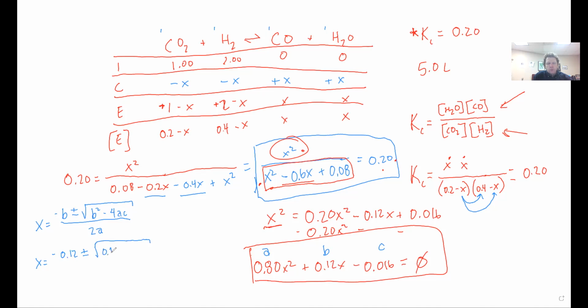So that's 0.12 squared minus 4 times a, which is 0.8, times c, which is negative 0.08.